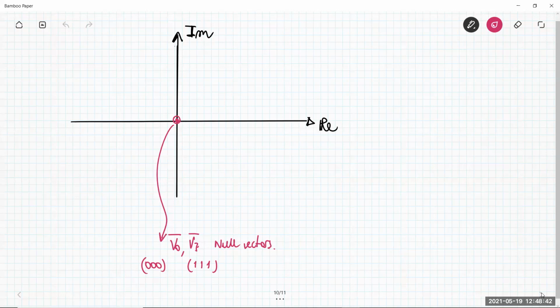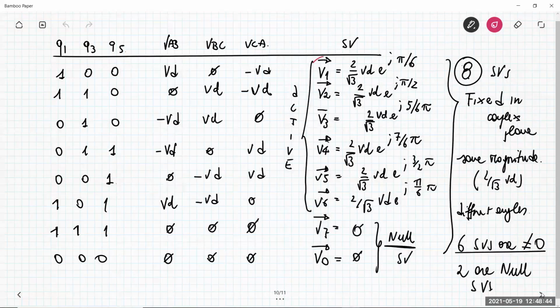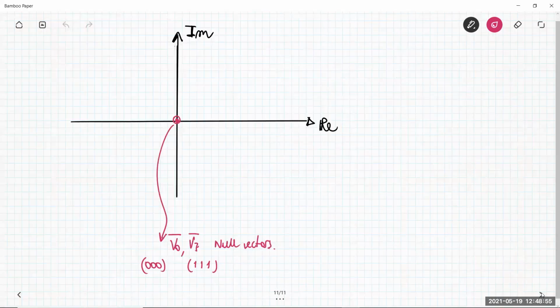Then let's start with the space vector V1. V1 has a magnitude, and this angle here, which is exactly 30 degrees. Its switching word is 1, 0, 0. This is V1.